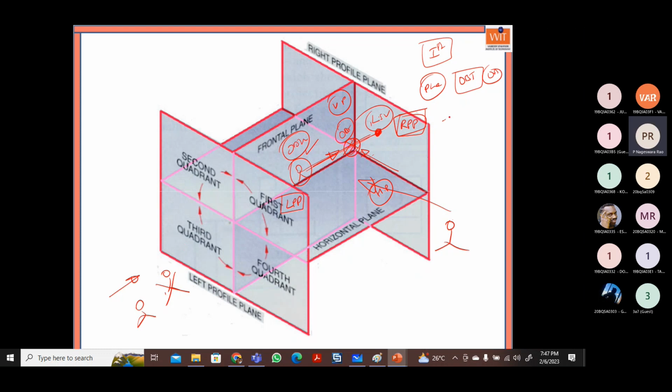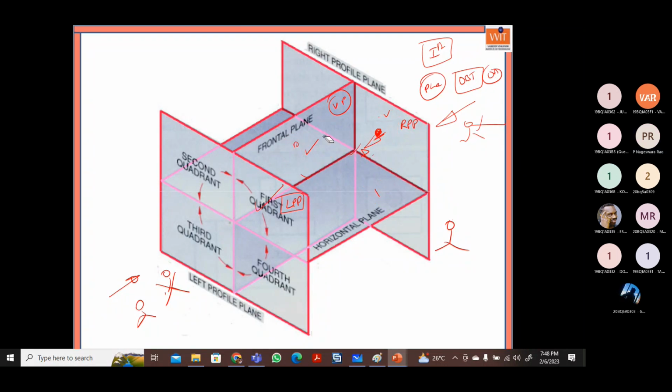When you look at the object here like this, the observer will not be here, because what we assume is that the object will be between the plane and the observer. This is the object location and this is the plane location. I think this is making a little bit of confusion.